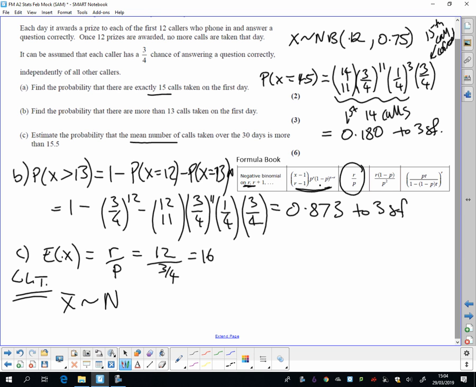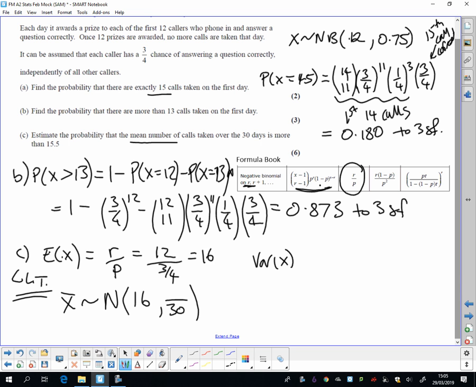Now this works for a large n, 30 in this case being considered sufficiently large, with the mean same as the population mean, and the variance is going to be the population variance divided by the sample size.